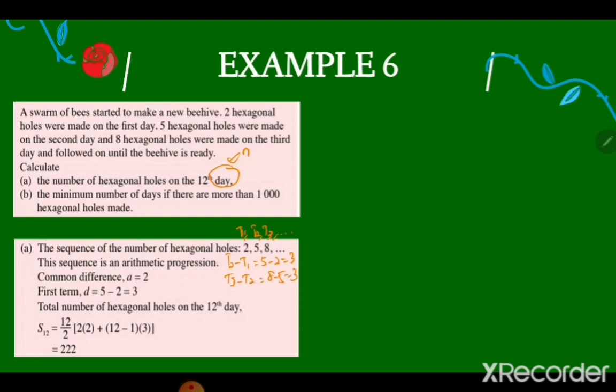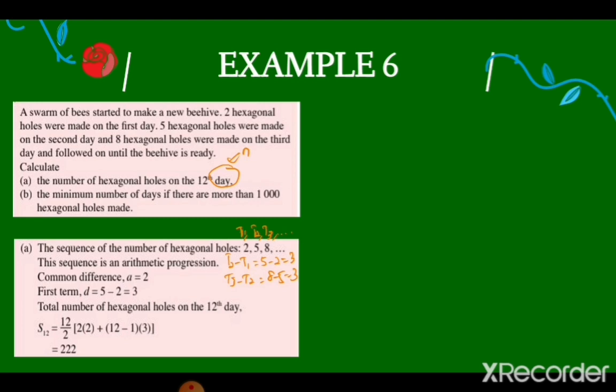The fixed value, so our common difference is 3. Since we are talking about the total number of hexagonal holes, we are talking about the sum of the terms in that arithmetic progression.